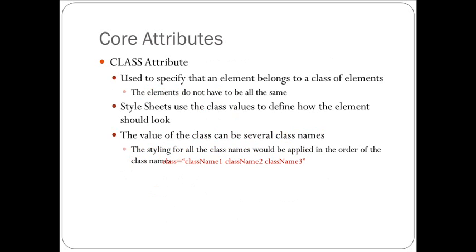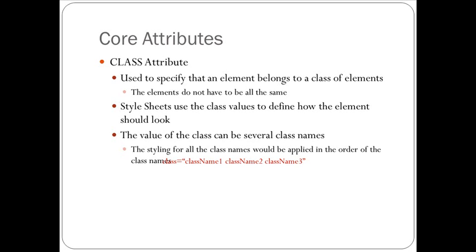The class attribute is used to specify that an element belongs to a class of elements. The elements do not have to be all the same. So you may have several paragraphs on your page, and maybe 2 or 3 of them are dealing with new items, something that's new.